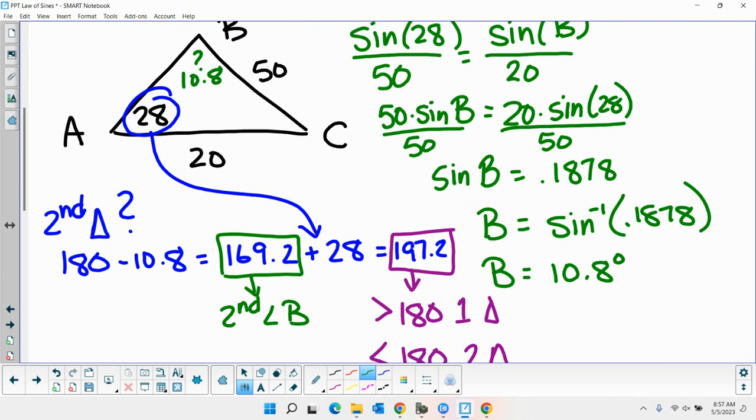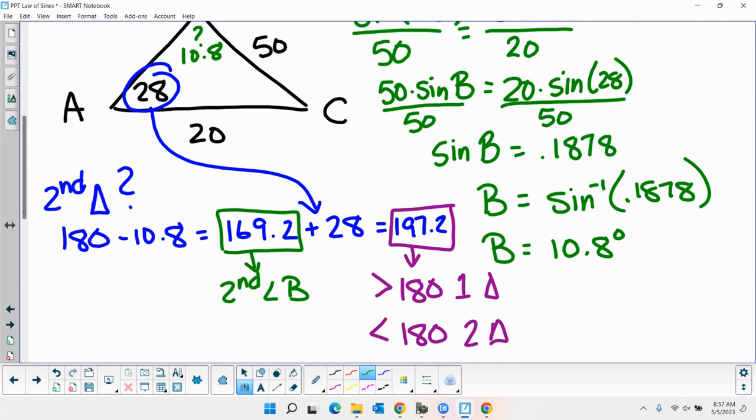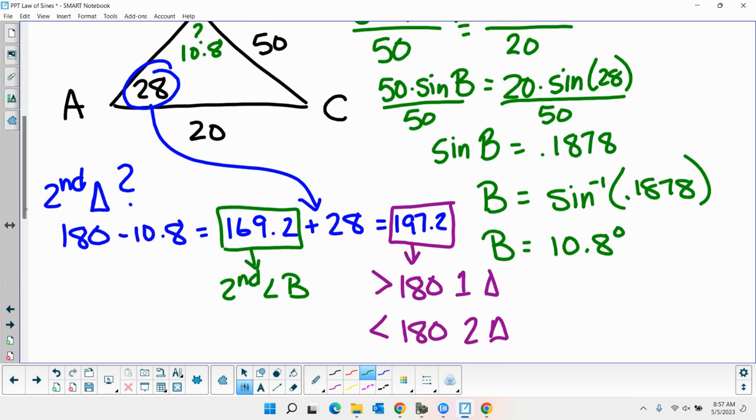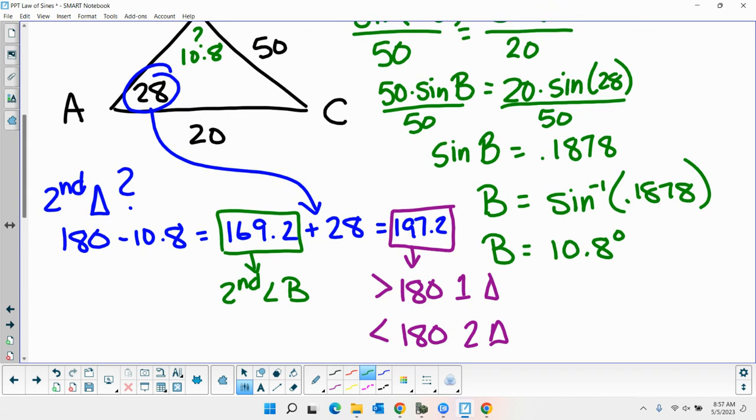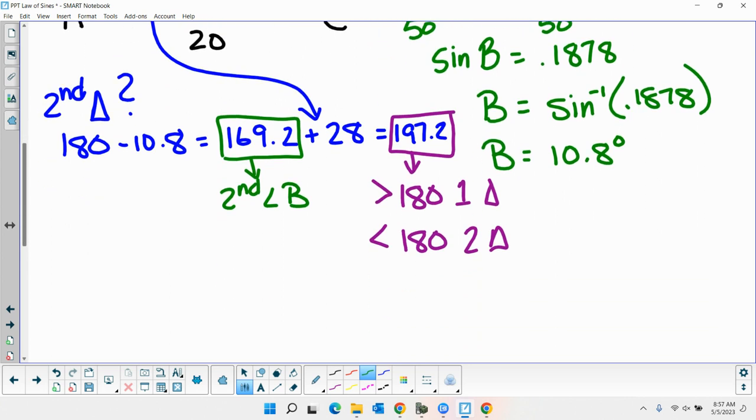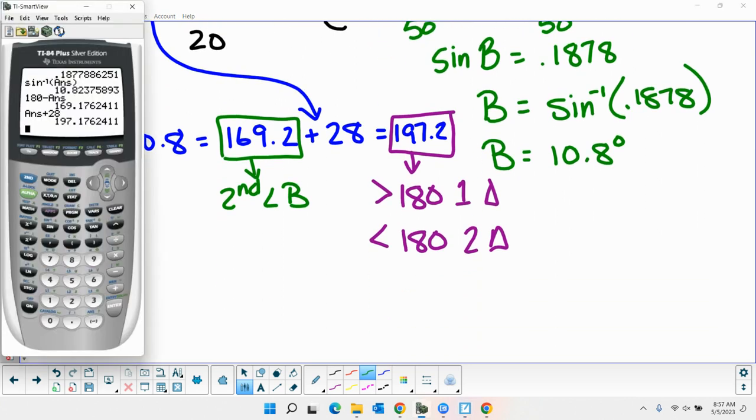Okay? All right, so we got to finish up. Since I know two angles, I'm going to subtract those from 180. 28 plus 10.8 is 38.8. So I'm going to go 180 minus 38.8. I get 141.2.